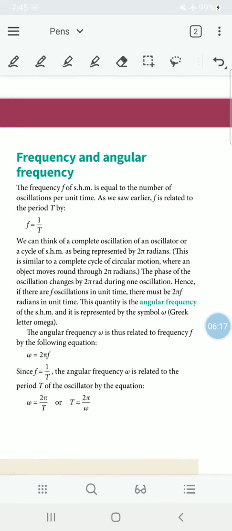Write down a note. Frequency and angular frequency. Frequency of SHM is the number of oscillations per unit time in SHM.